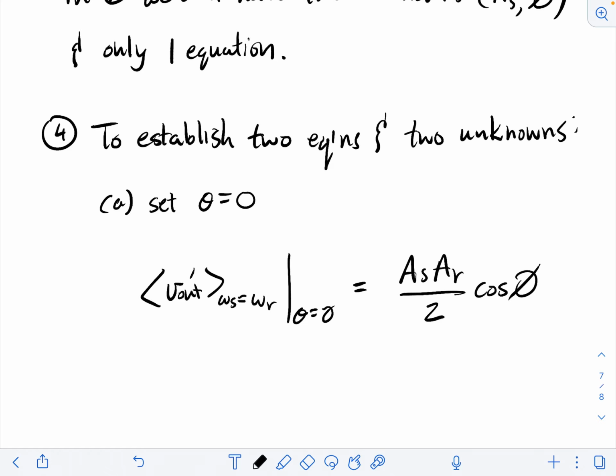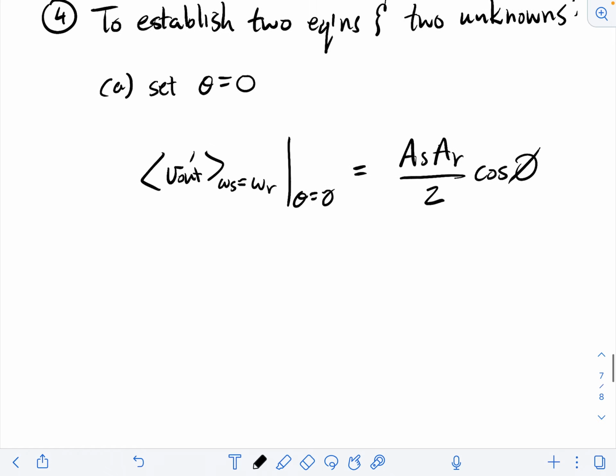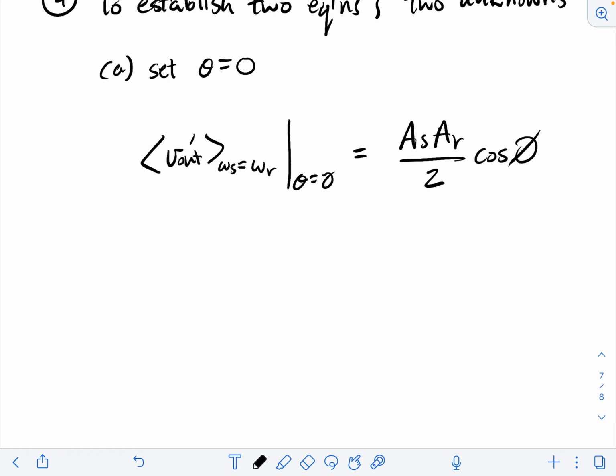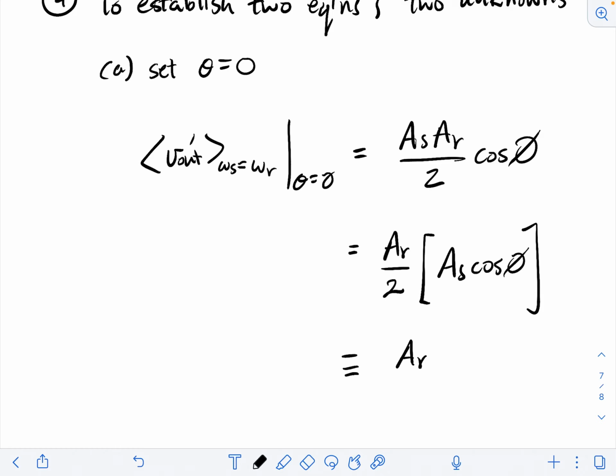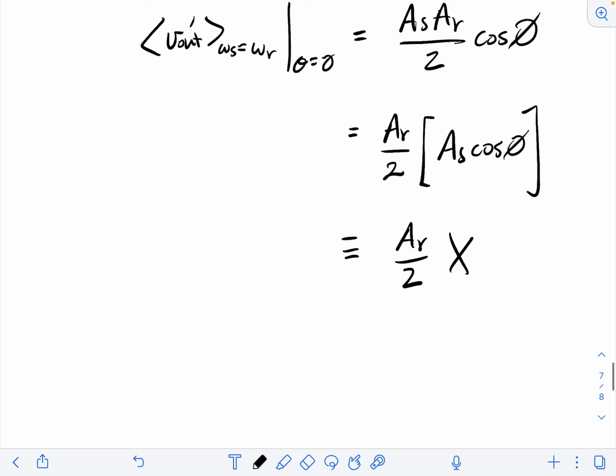And so what I'm going to do is I'm going to rewrite this as AR over 2 times AS cos phi, and I'm going to define that as AR over 2 times X, so that when we set theta equal to 0, what our lock-in detector is going to be able to tell us is the value of X, and that's equal to AS cos phi.